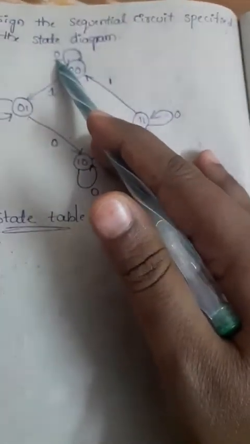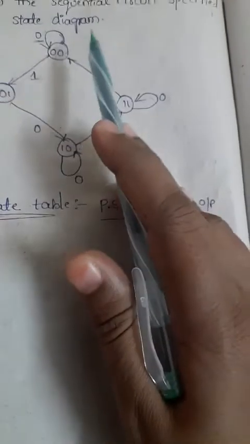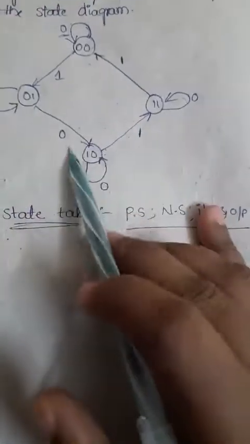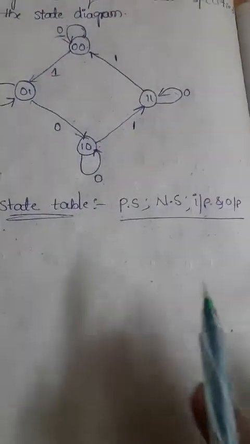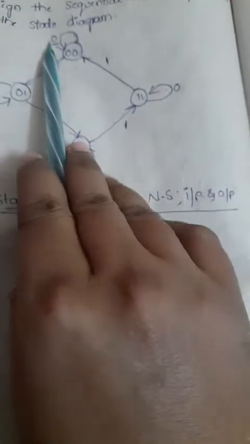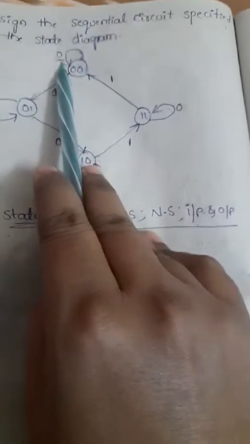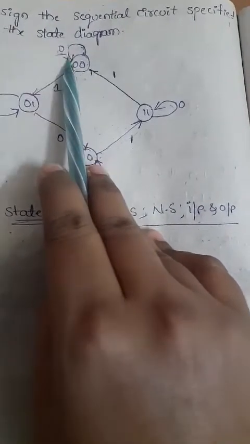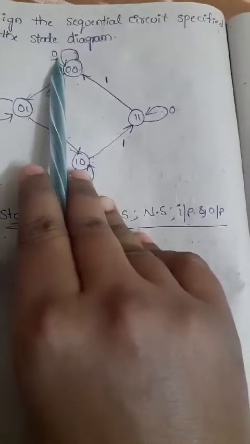Just observe: the state diagram consists of 4 states with binary values already assigned, that is 00, 01, 10, 11. The directed lines, whatever the transition lines, are marked with a single binary digit, without a slash. So we concluded that there is one input variable and no output variable.